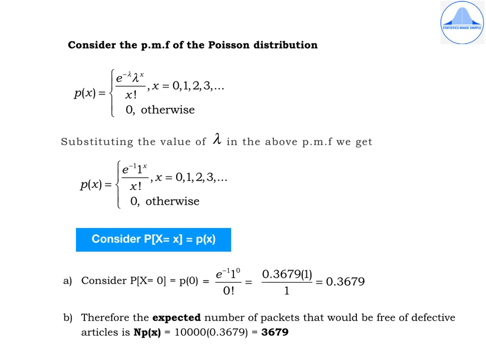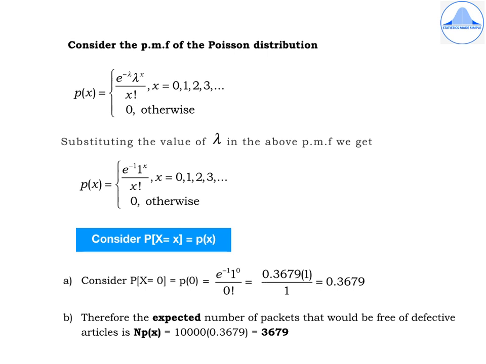Now the first part of the question is that we should find the probability that the packet is free of defective articles. Always remember, we use the formula probability of capital X equal to small x is equal to small p of x. So in the first subdivision, consider probability of capital X equal to 0. What do we mean by capital X equal to 0?